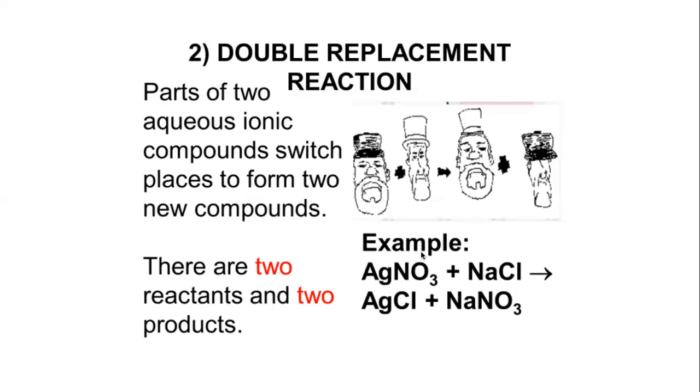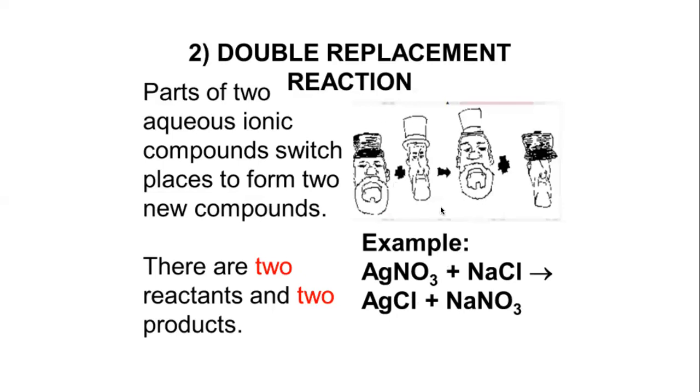So we have silver nitrate plus sodium chloride. And what you're going to just do is swap these polyatomic molecules here on this side and this non-metal here in the ionic compound to form silver chloride and sodium nitrate. So we just swapped them.